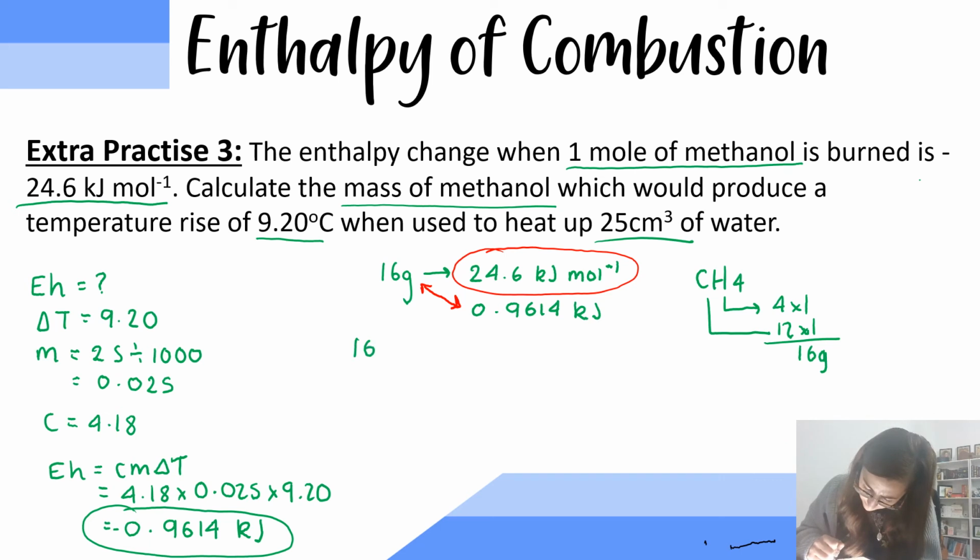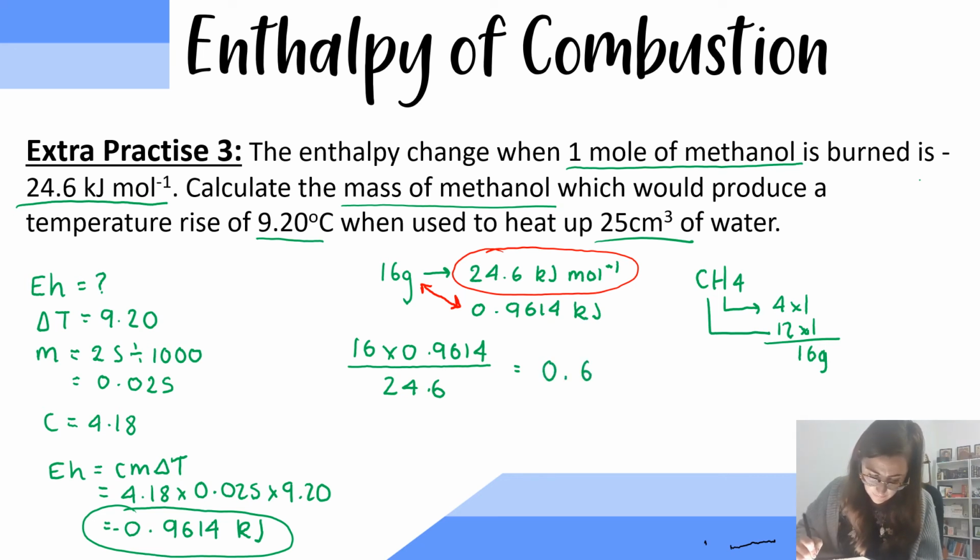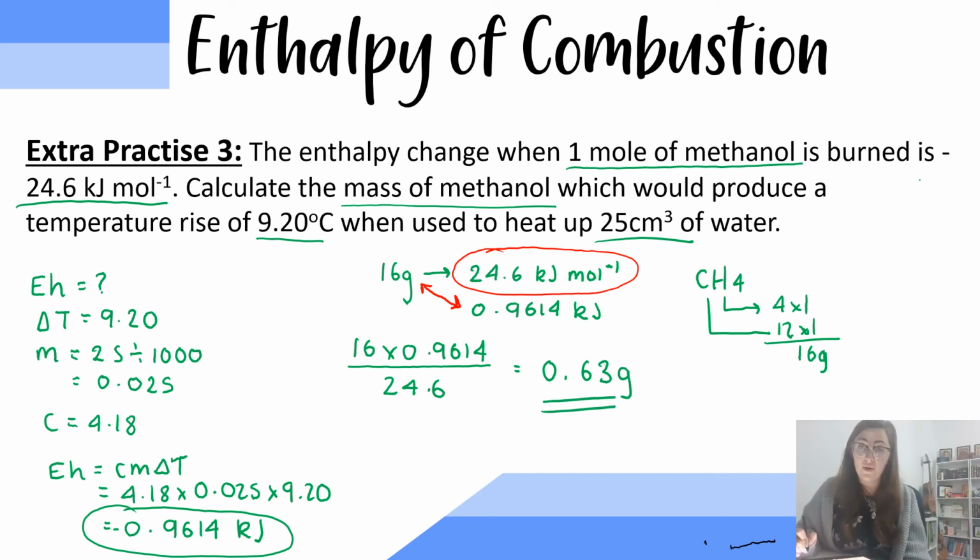So 16 times 0.9614 divided by 24.6. And I get 0.63 grams. That is how much mass of methanol I would need in order to get a 0.9614 energy released to heat my water up 9 degrees.